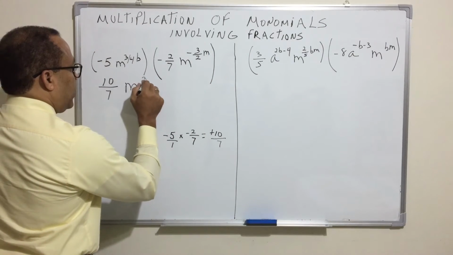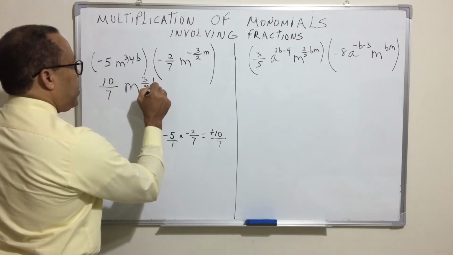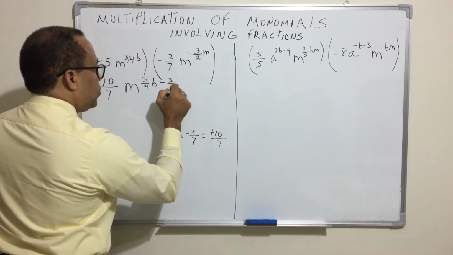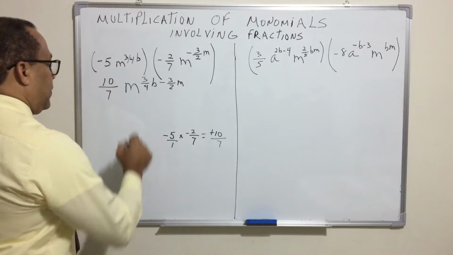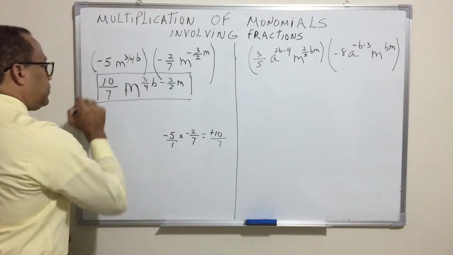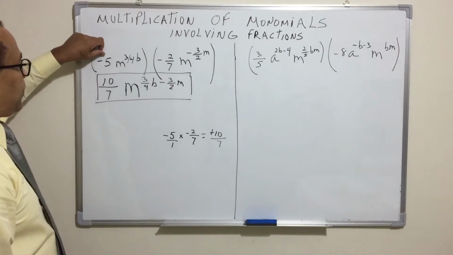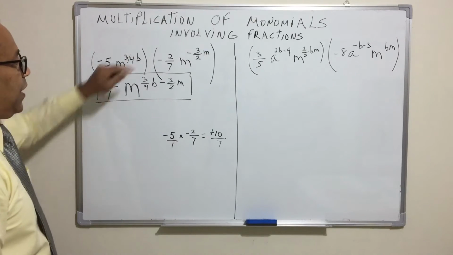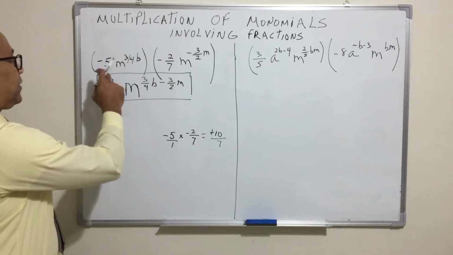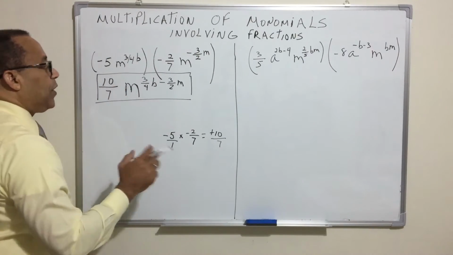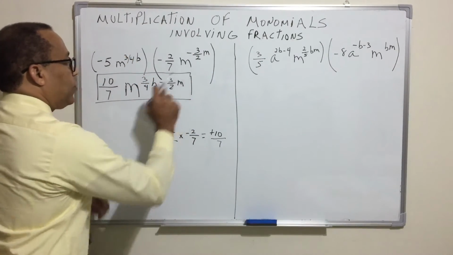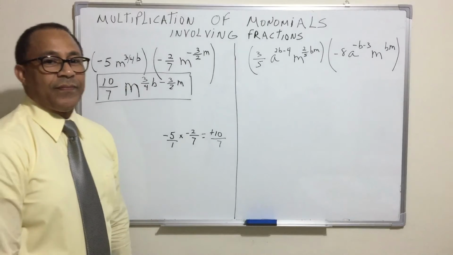The result will be 3/4 b and bring down the minus 32m. The multiplication of negative 5m to the 3/4 b times negative 2/7 m to the negative 32m equals 10/7 m to the 3/4 b minus 32m. That's the result.